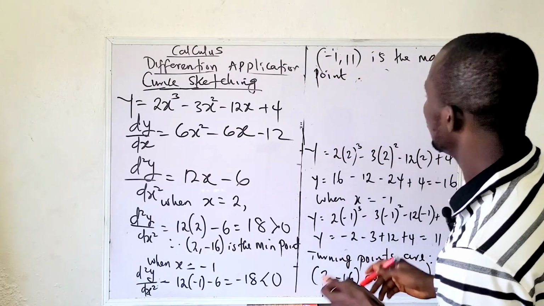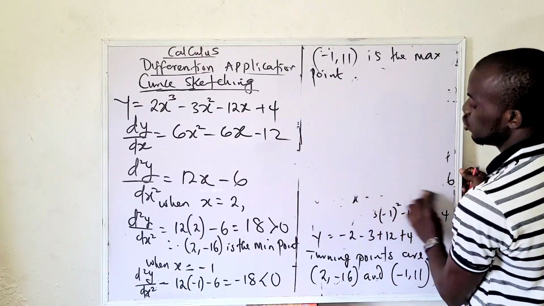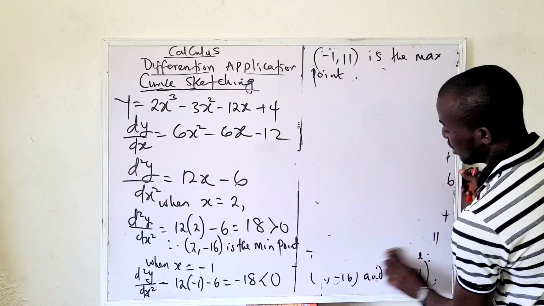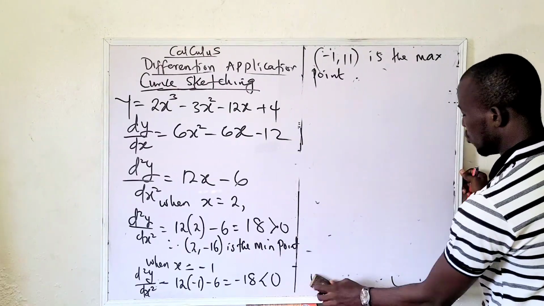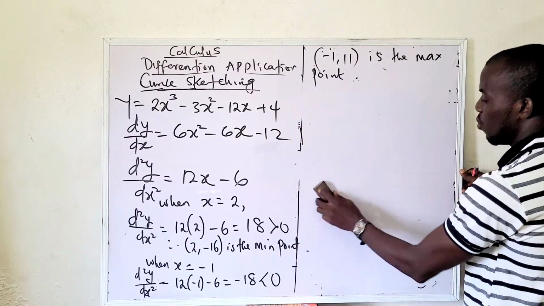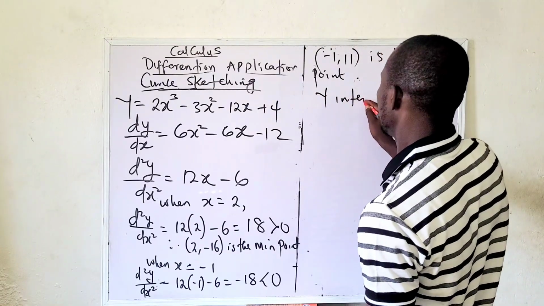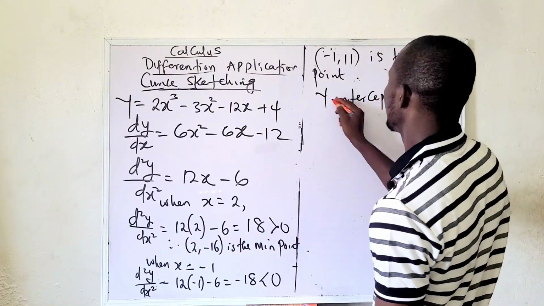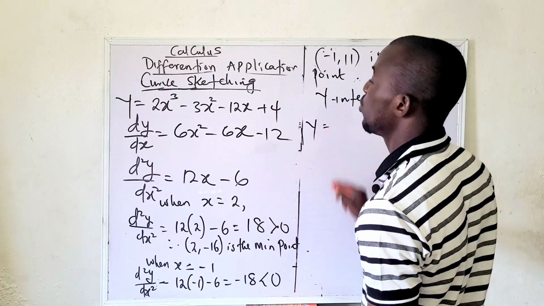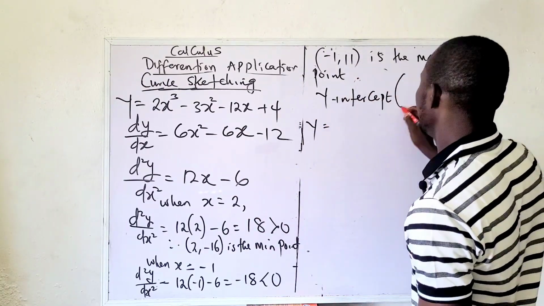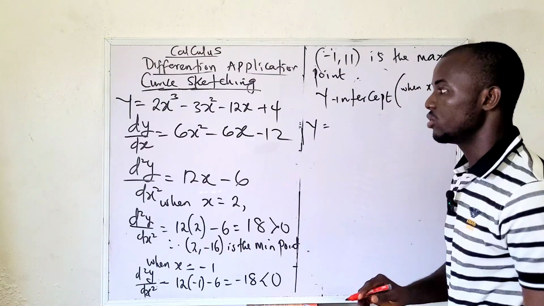So the next thing you want to do is to sketch the curve. Now, to sketch the curve, you need to get one more thing: the y-intercept. The y-intercept is when x equals 0.